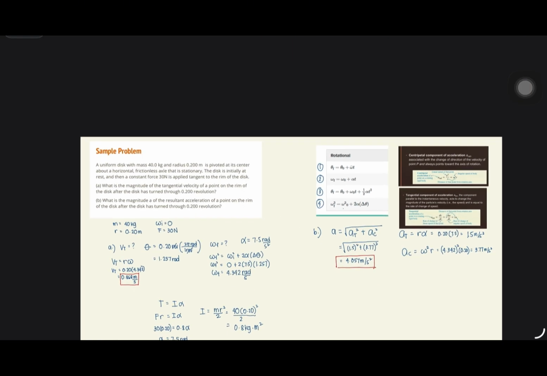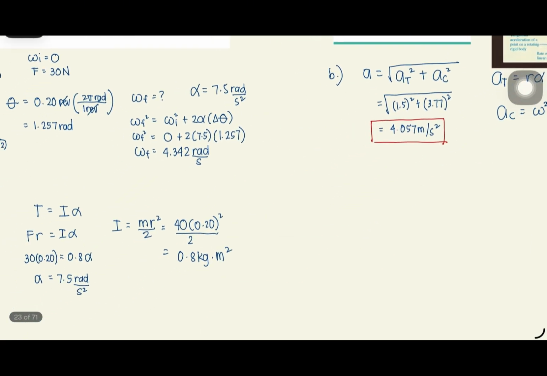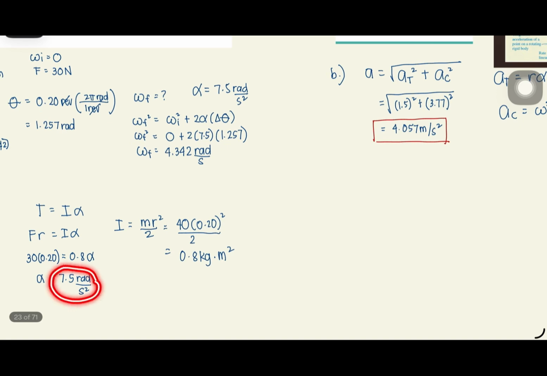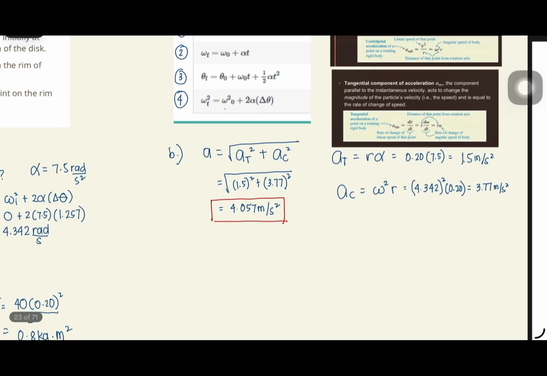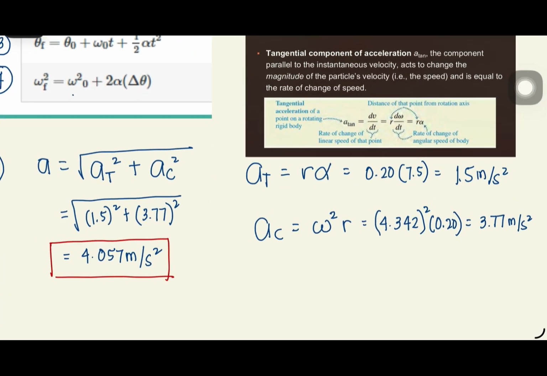Yung alpha nakuha natin dun sa previous solution, 7.5 rad per second squared. Then, yung radius ng uniform disk is 0.20. Yung tangential acceleration is equal to 1.5 meter per second squared.